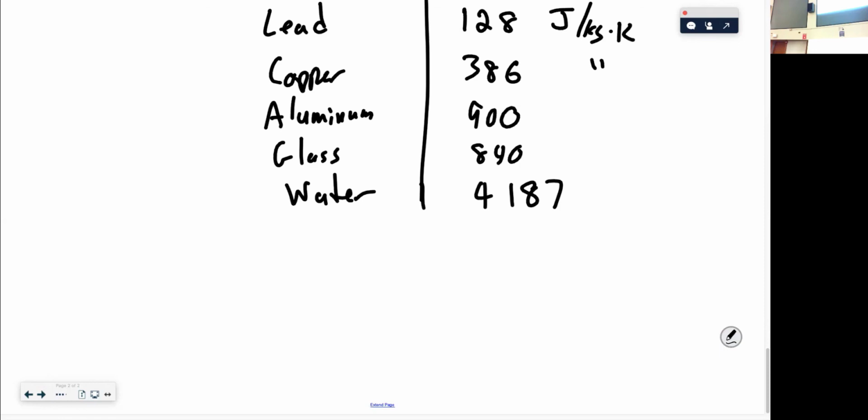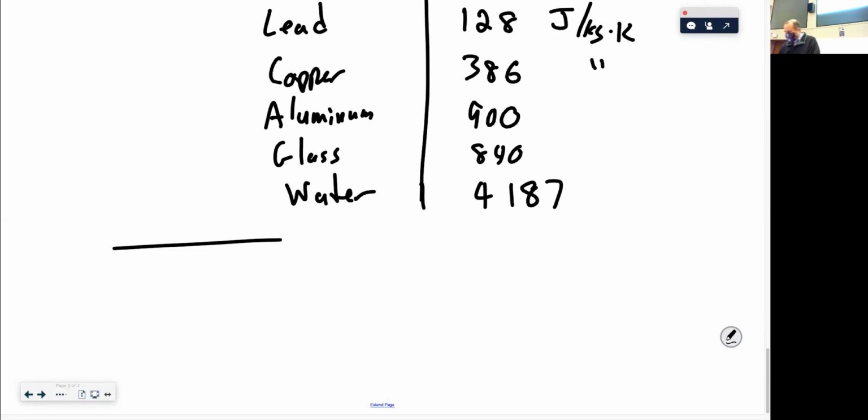So your homework for next week is to look up a bunch of specific heats of various things, random elements, random molecules, and see if you can see a pattern, see if there's something that makes sense as to why some are high and some are low. My guess is that there isn't going to be much of one, that it's going to seem kind of random. But I wait with eager anticipation the results of that.